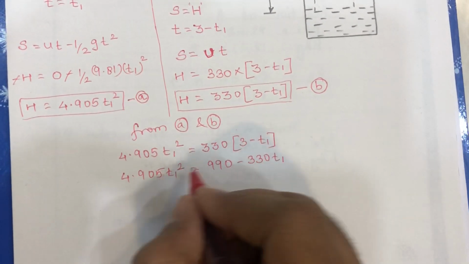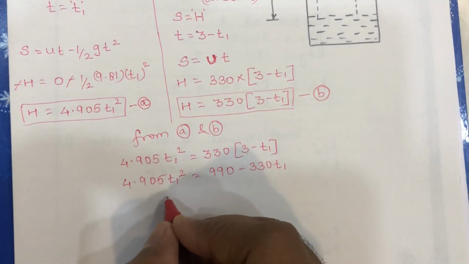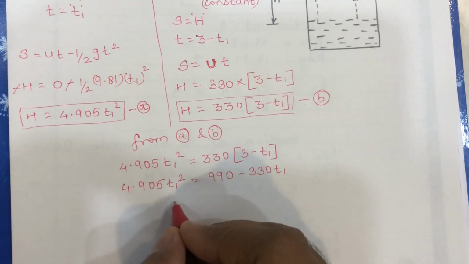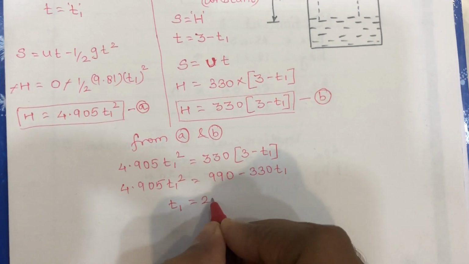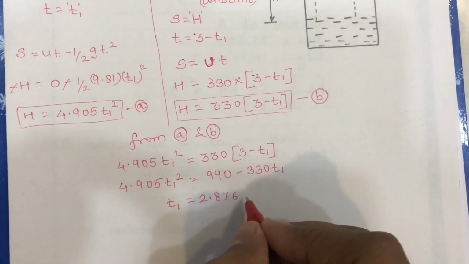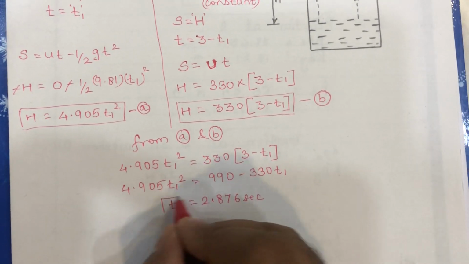If we solve this as a quadratic equation, then t1 will be 2.876 second.